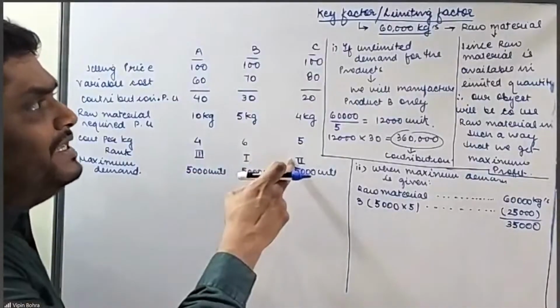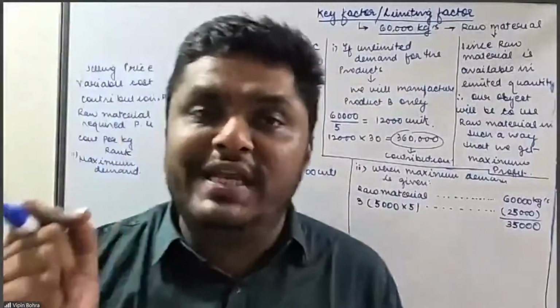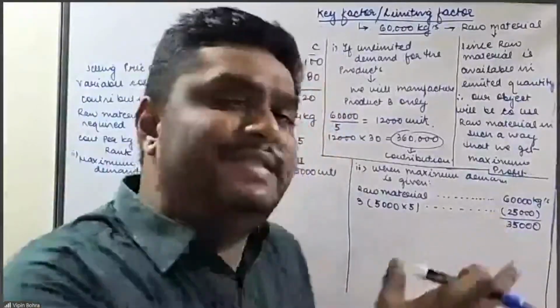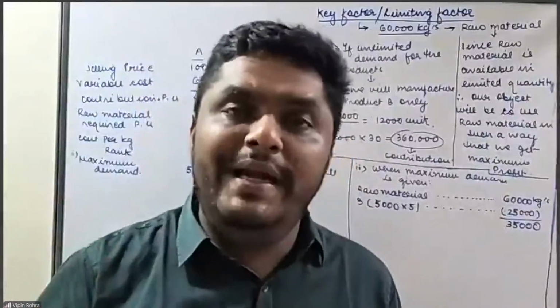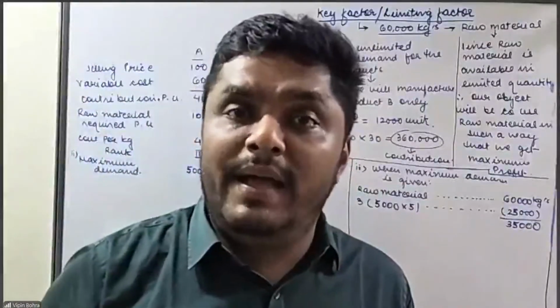Now second priority is given to what? C. 5,000 into 4, 20,000 kgs is required to manufacture product C. Can we manufacture product C? Yes, because my requirement is 20,000 and I have 35,000 kgs of raw material in hand.